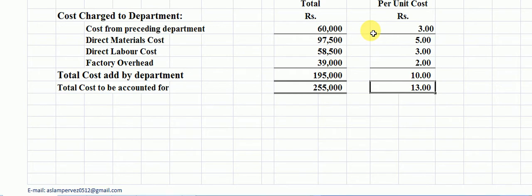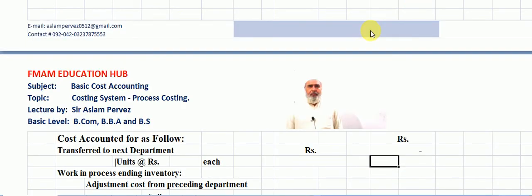Now we move to the third section. Cost accounted for as follows here. Now transfer to the next department, the finishing department, is here. Dear students, 80,000 units are transferred to the finishing department.